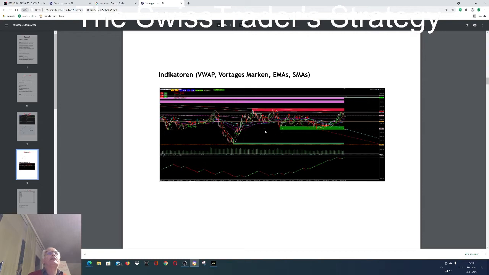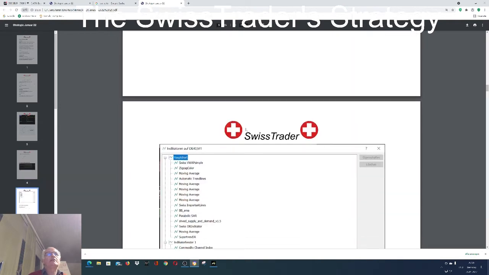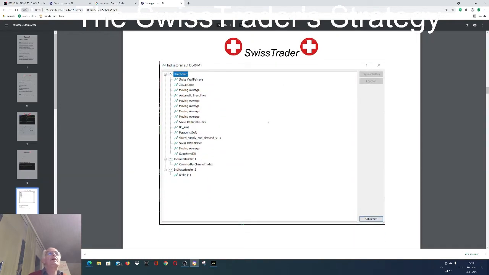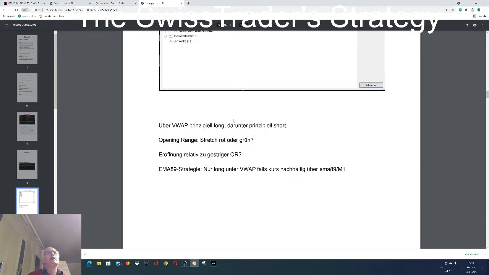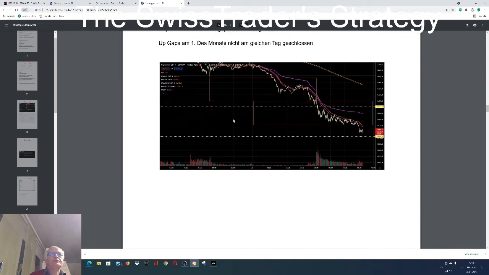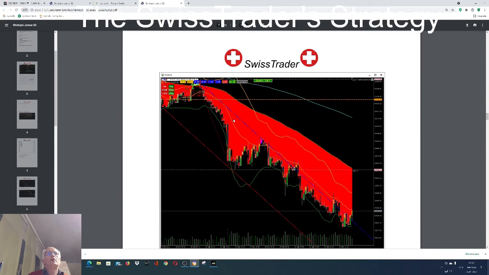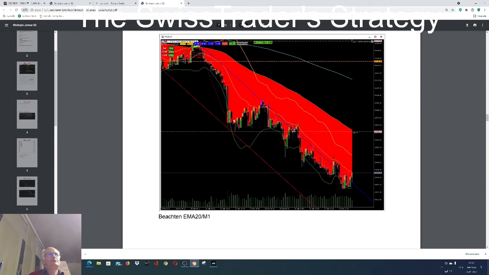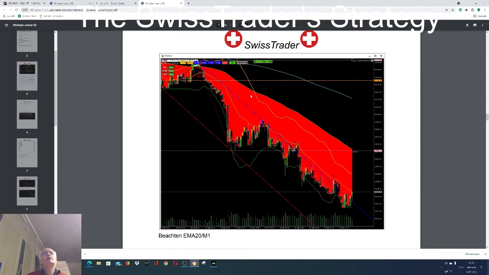And the indicators I explained already. These are the indicators, and the Holy Grail indicator, you find it on M1252.